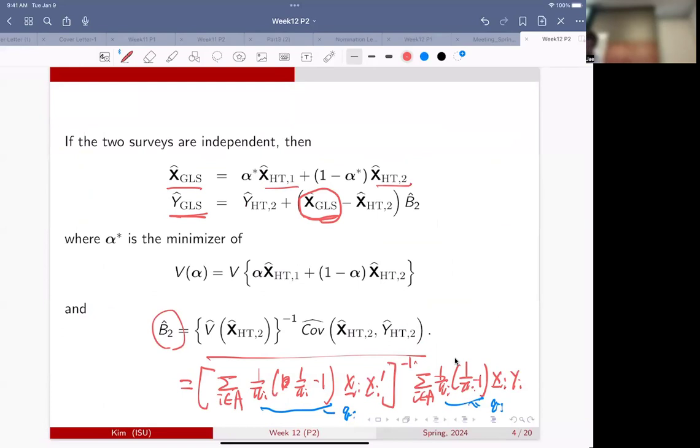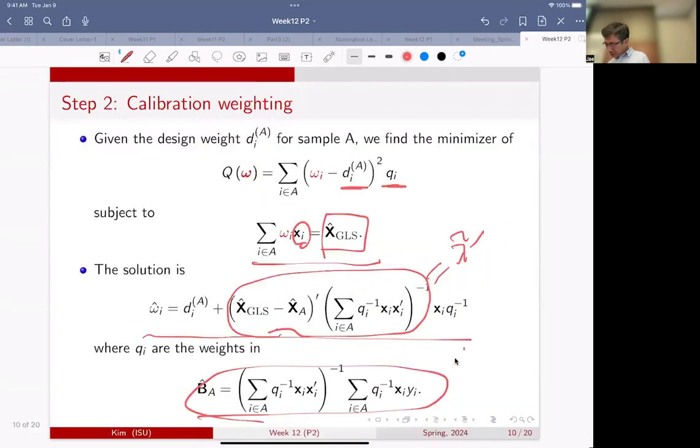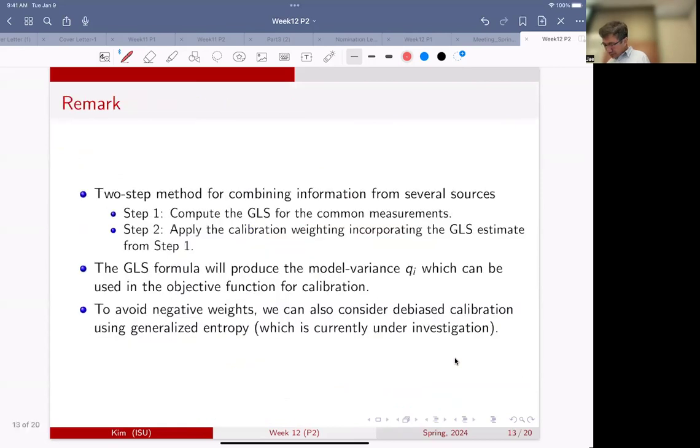Or you can change the definition of the variance covariance matrix, including a model, and then you may achieve some alternative solution. So QI is kind of mysterious. It is a kind of key to achieving optimality.